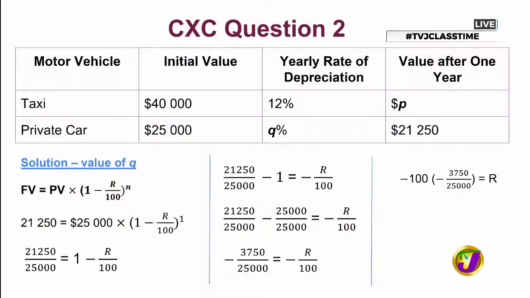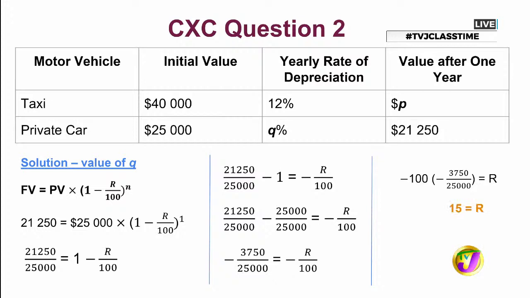It could be done, it just means I would have to go and divide by -1 again. So to lessen the process, we decided to multiply immediately by -100, because we actually want R and not negative R.